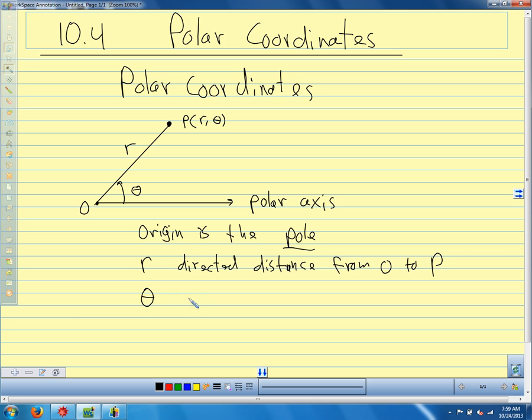It's a directed angle. And again, directed just means we can have positive and negative. And we measure counterclockwise from the polar axis to OP, to the terminal side of our angle.